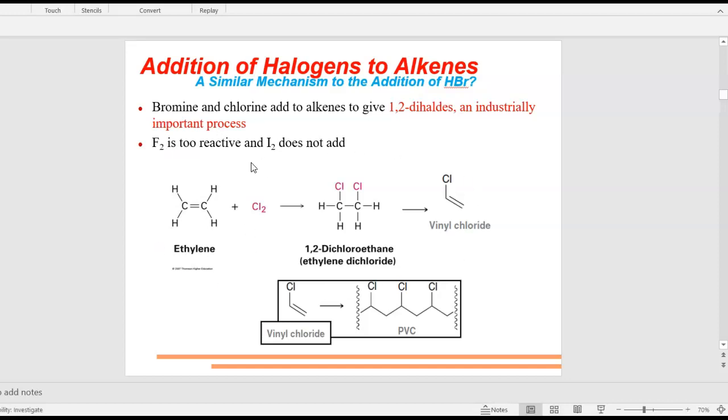Okay, so this is a simple illustration where you take an alkene, react it with chlorine, and you can see that the chlorine opens up the double bond and attaches itself to the two carbon atoms. This is the starting material for our formation of vinyl chloride, and vinyl chloride is the monomer for polyvinyl chloride, which is a very useful polymer.